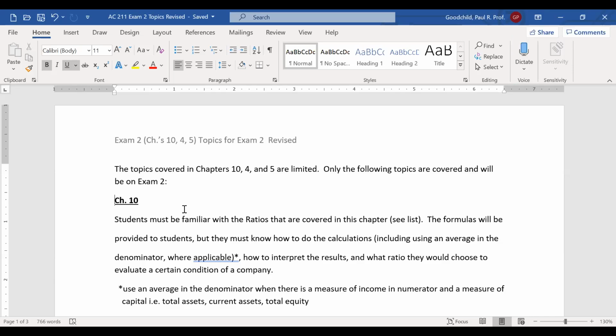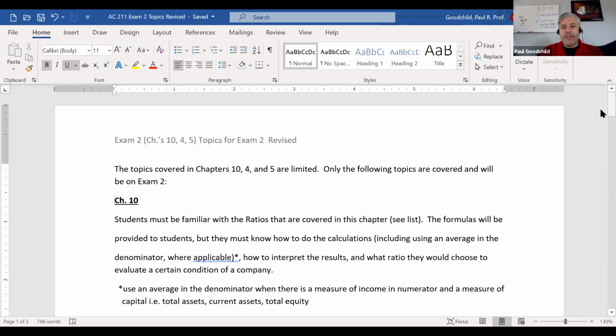What would you recommend studying? Would you rather we study a lot of the quiz questions, the things that we did in class, that kind of stuff? Or what do you think? Well, I would start with this. This is your study guide. You've got to make sure that you're familiar with this.